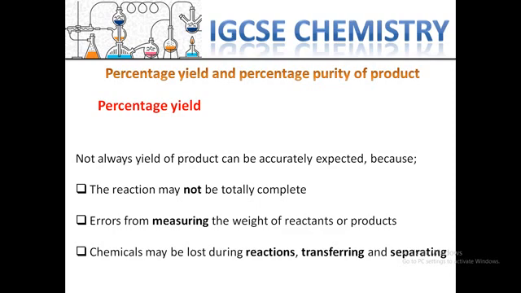When we transfer chemicals in the laboratory and use dishes, these dishes may retain some chemicals, or maybe some chemical reaction produces gas, and the gas leaves the reaction. So there are a few reasons why we may not get an accurate product.